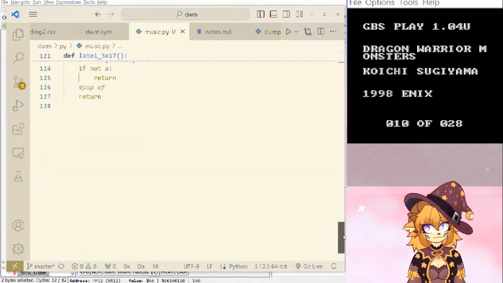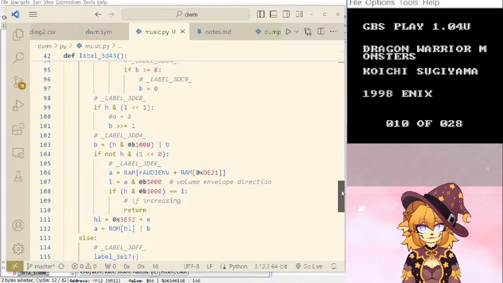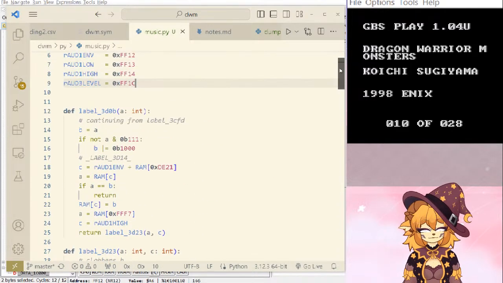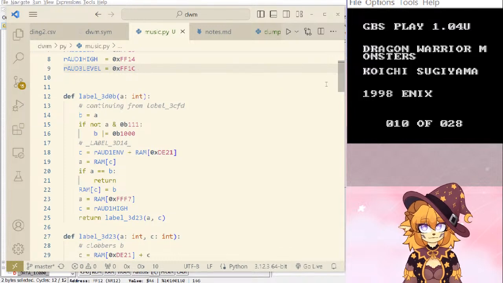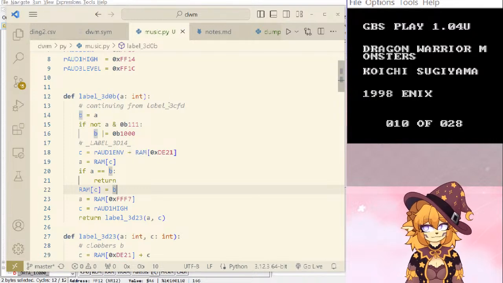So then that means that really is the direction.